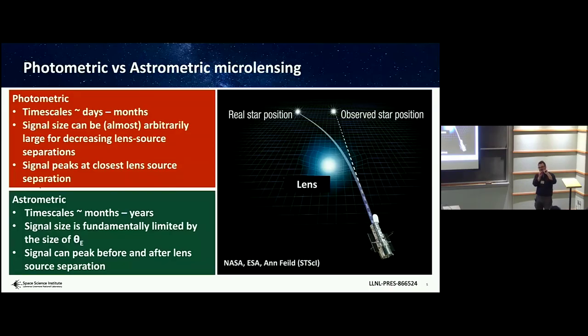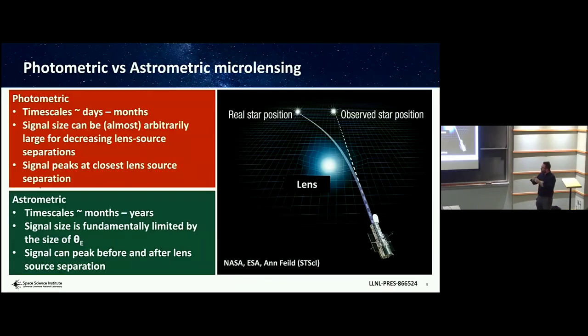This is why it's good for finding planets. It doesn't go forever; it eventually gets washed out by finite source effects and other higher order effects, but it's very sensitive to small masses. And the signal peaks when the lens and source are at closest separation.